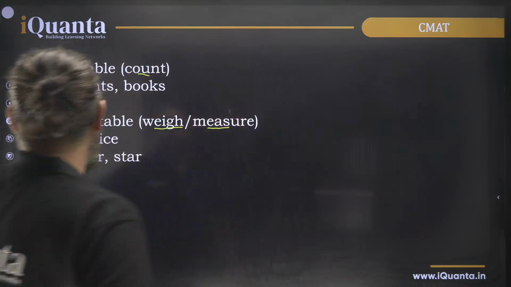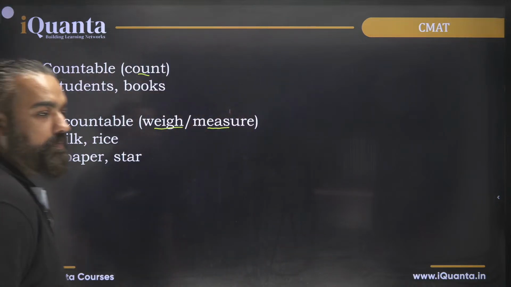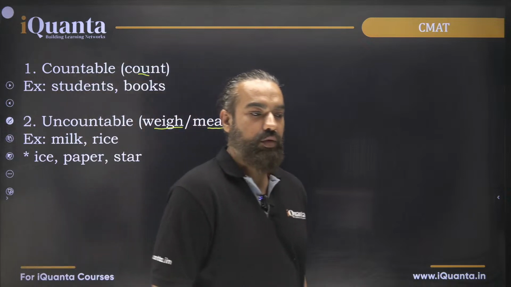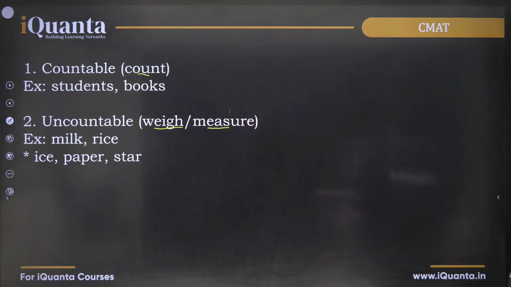Quickly, let's take a look at these three things. Ice, paper, star. I want answers. What do you think? Ice is countable or uncountable? Guys, ice countable, uncountable?